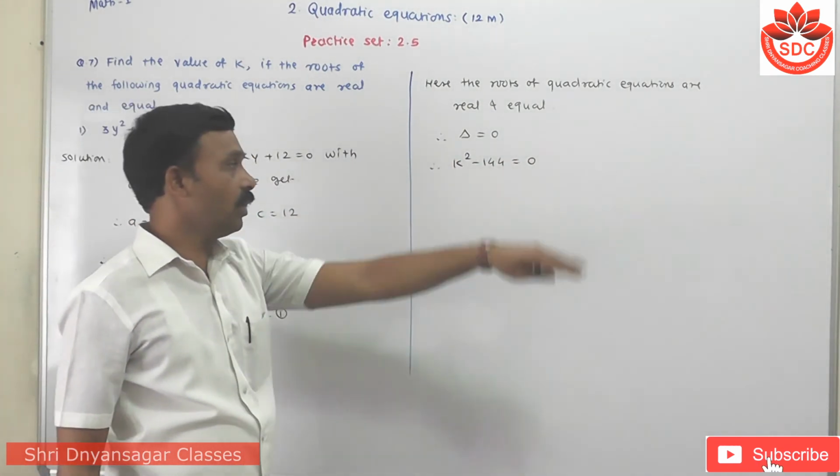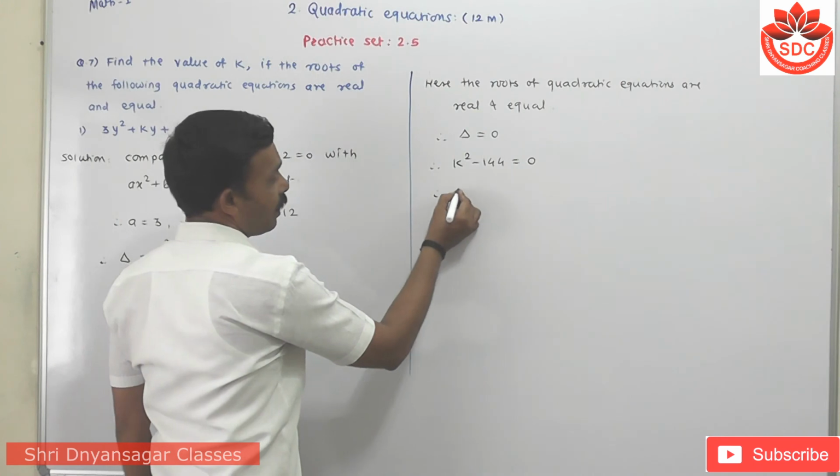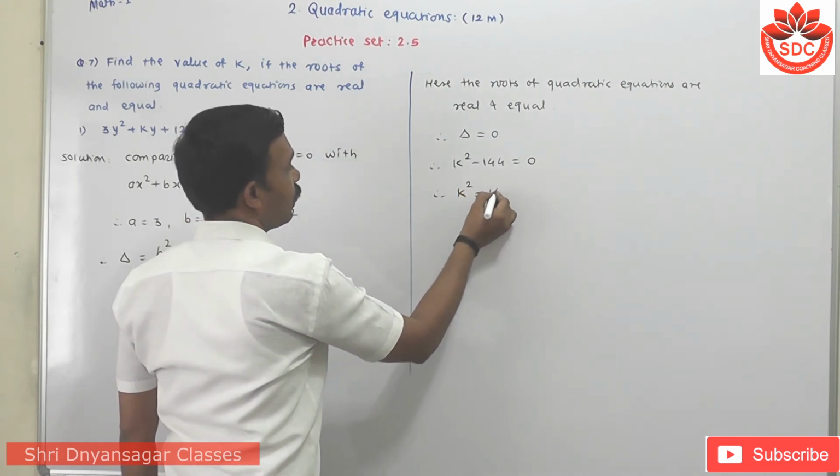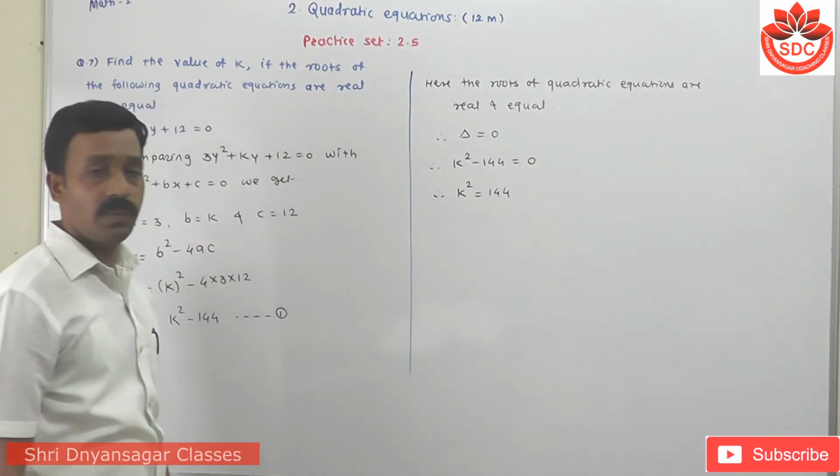Transposing 144 to the other side, we get that k square is equal to 144.